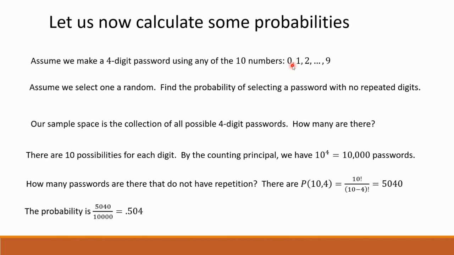So we're going to be using the 10 numbers here, 0, 1, 2, up to including 9. So imagine we're making such a password. And then imagine we're going to select one at random. We want the probability of choosing a password with no repeated digits.